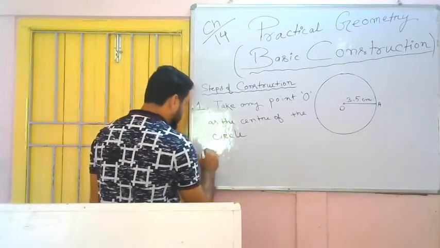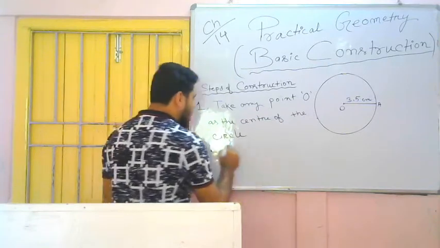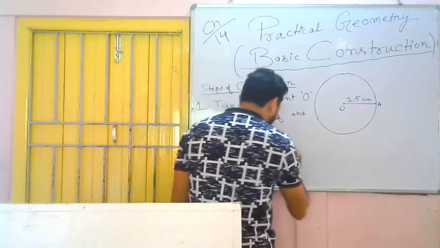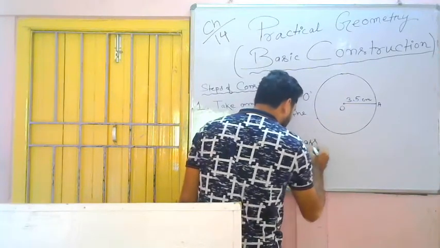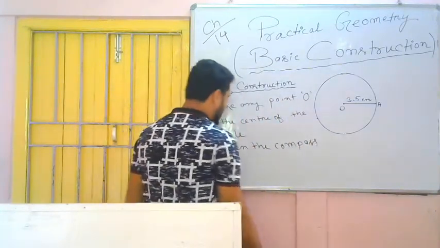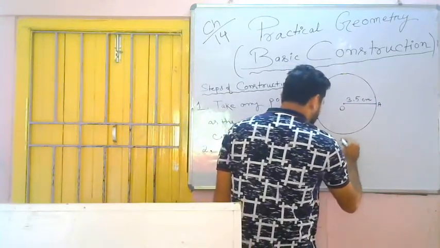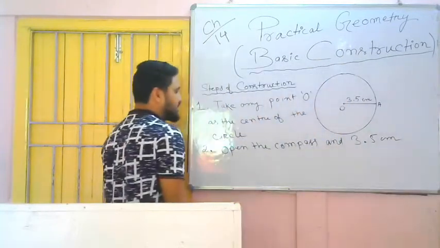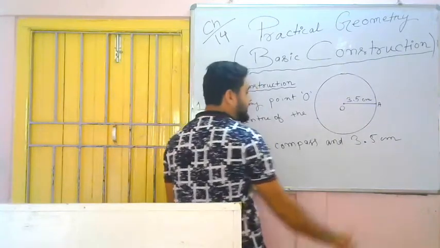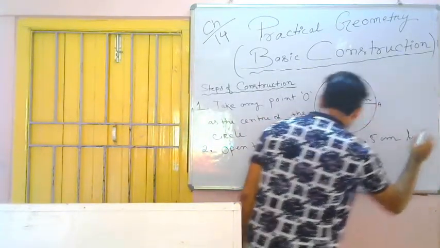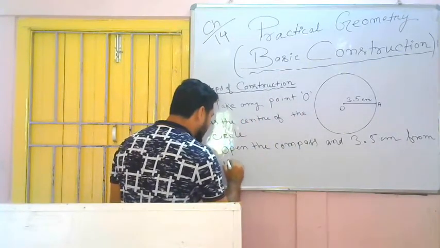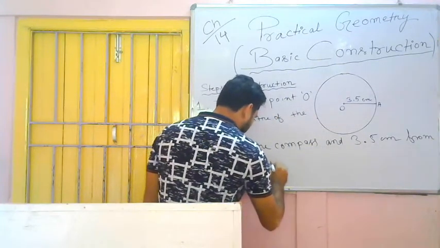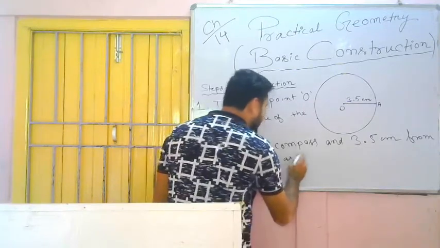Now write step 2. After that you open the compass and take 3.5 centimeter from the ruler, what we generally call the scale, as the radius of the circle.